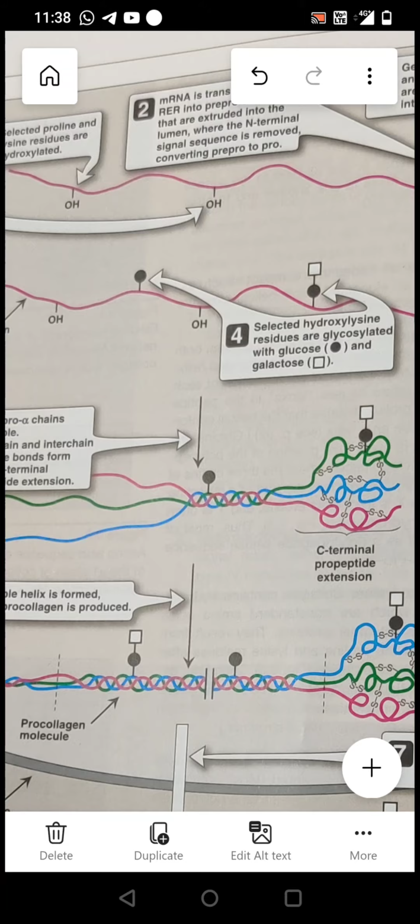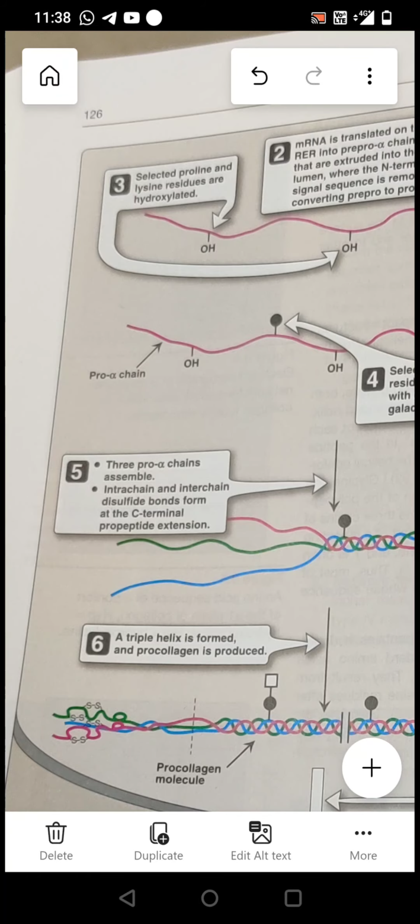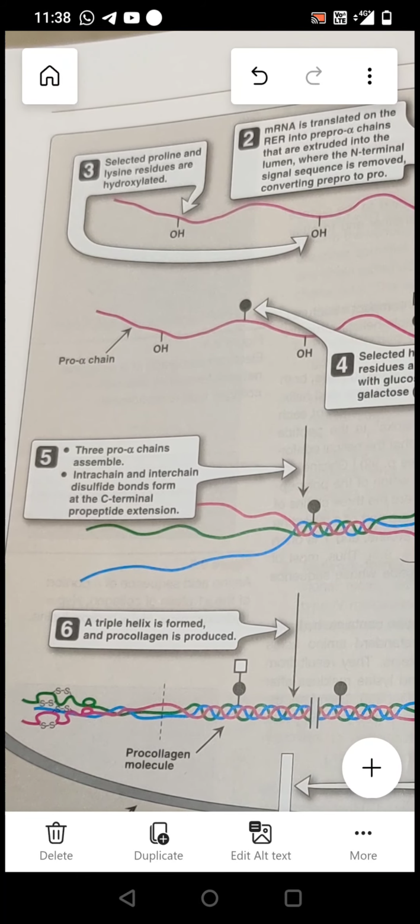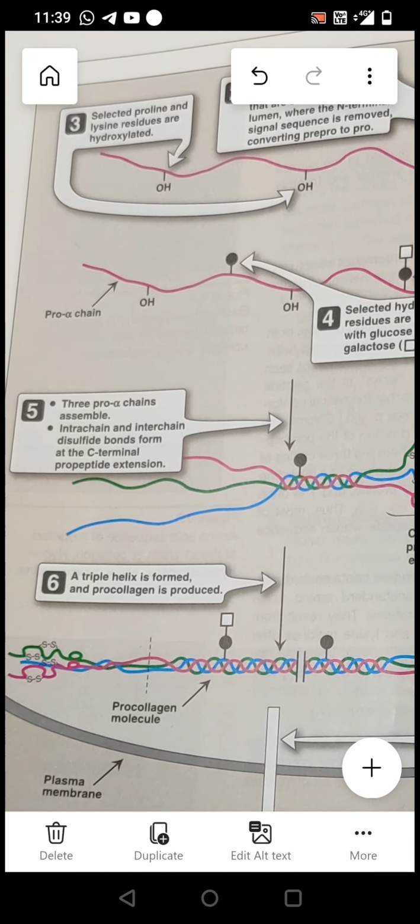So inter and intra disulfide bonds are formed. Which part? In the C terminal, not in the N portion. The N terminal is already removed initially, and when the N terminal is removed, it becomes the procollagen. Before the N terminal is removed, it is called the pre-procollagen. Now in the C terminal area, these disulfide bonds are forming.